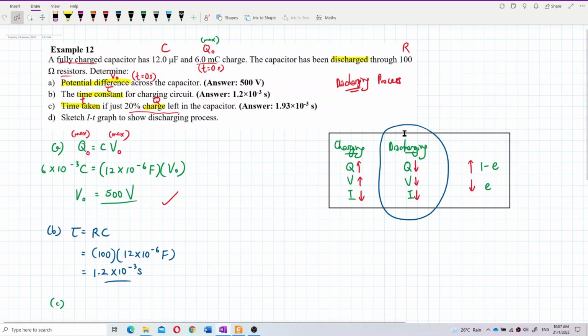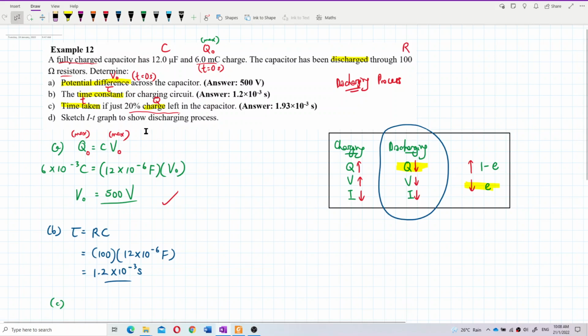In the discharging process the charge decreases, which means we use exponent. That's how I remember the formula without looking at the list of formulas.